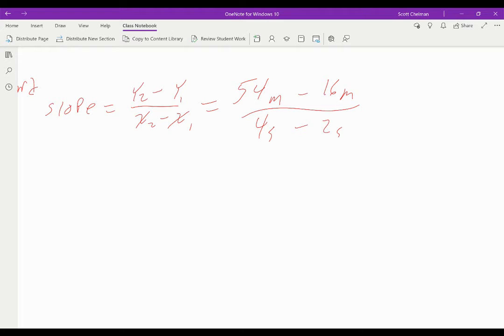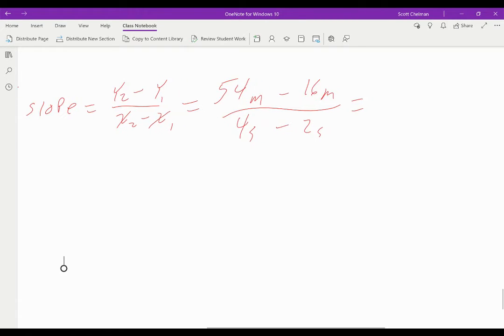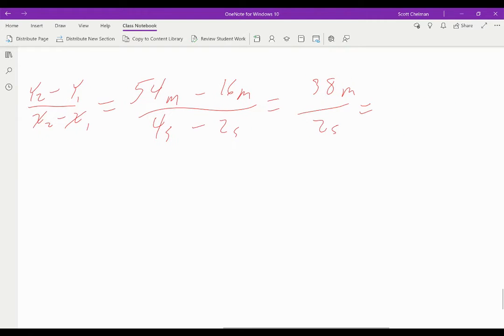Right? Okay. So what's 54 minus 16? 38? Meters divided by 2 seconds, or 17 meters per second, right?